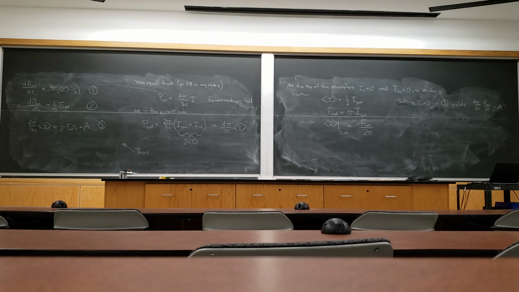So now we know the integration constant: A, which we got from that boundary condition, is 2 over 3c times f rad. And there's that c, which is the reason I call it A instead of capital C now.